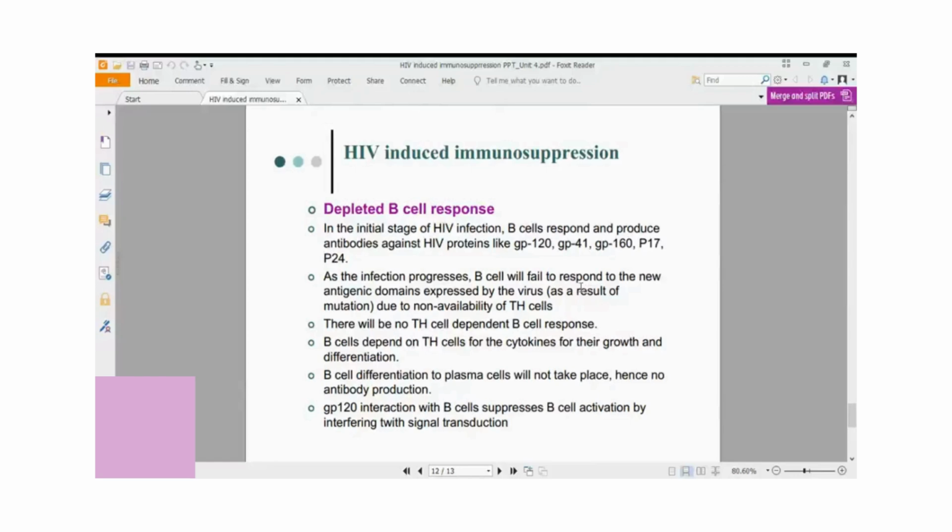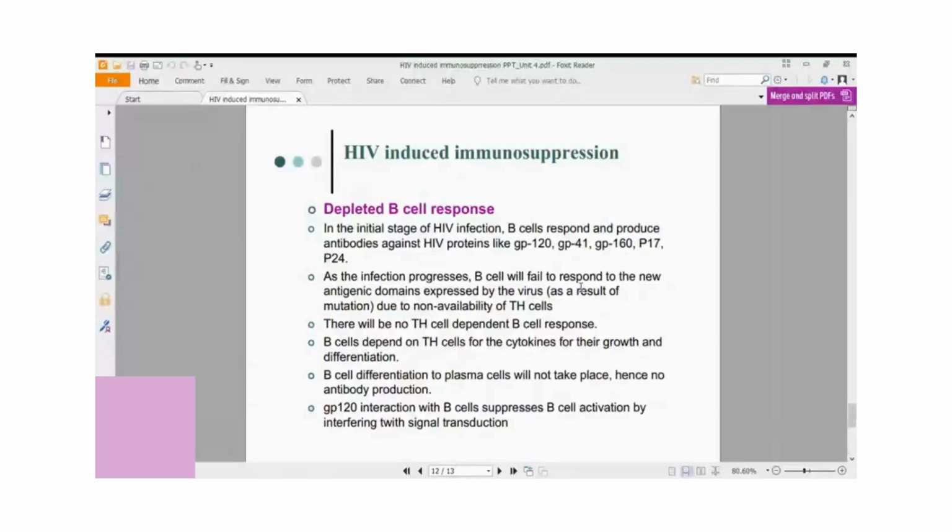Whatever may be the case, on showing affinity to that foreign antigen, the B lymphocyte is supposed to undergo the activation process. It is observed that the activation of B lymphocyte is TH cell dependent because they depend on the cytokines secreted by the TH cells.